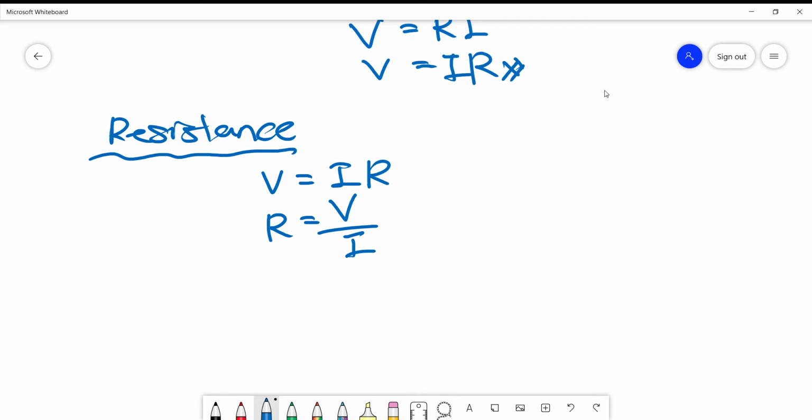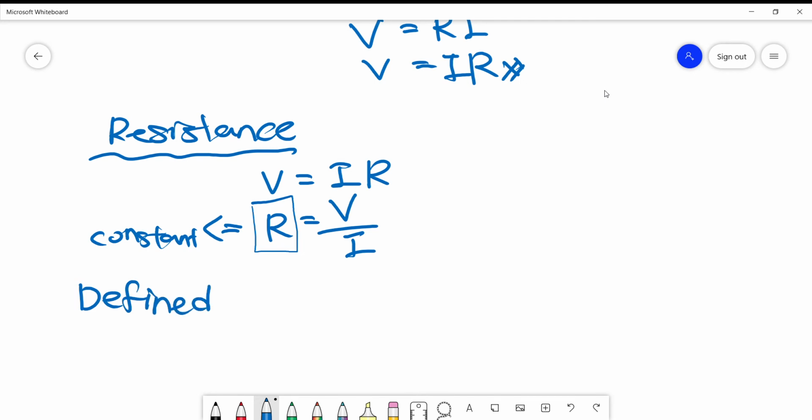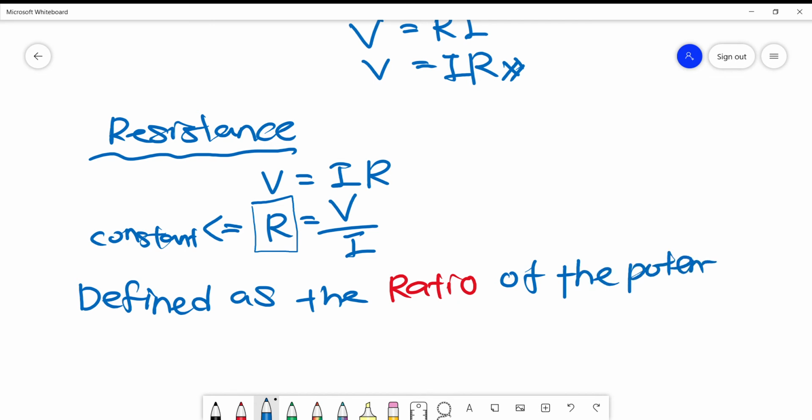In this case, my resistance is a constant, defined as the ratio, which is our keyword, of the potential difference to the electric current in the conductor. Since the resistance itself is a constant, the definition for the resistance is the ratio of the potential difference to the electric current in the conductor.